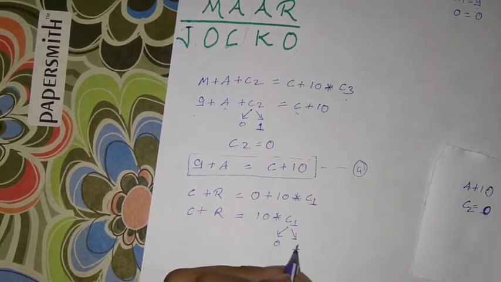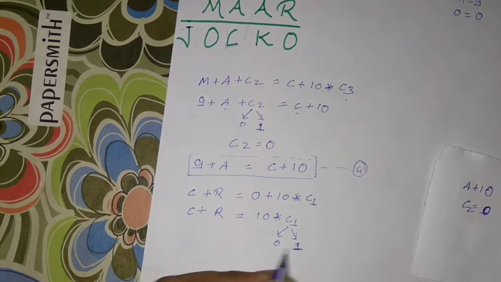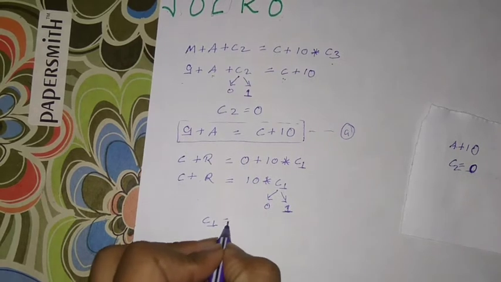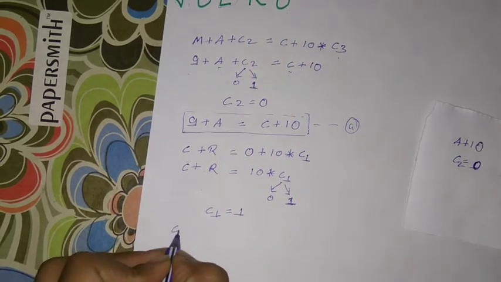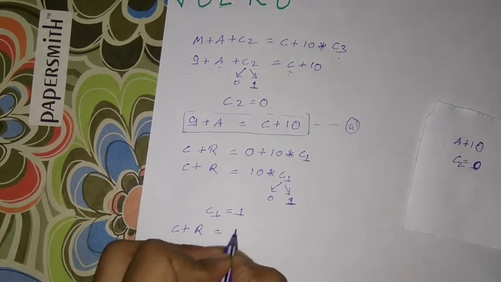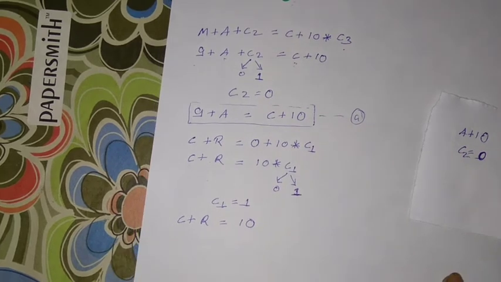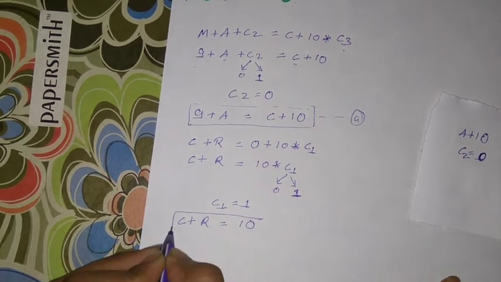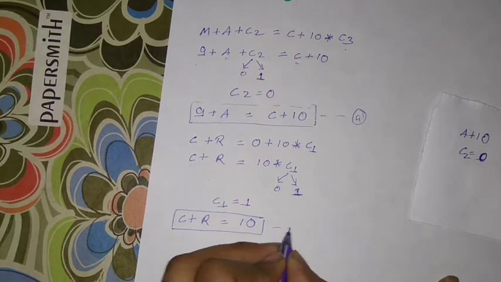So we take the value of C1 equal to 1, so we get C plus R equal to 10. Let's assume this is equation B.